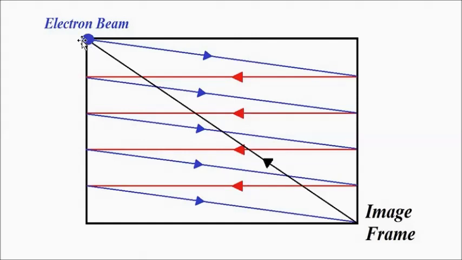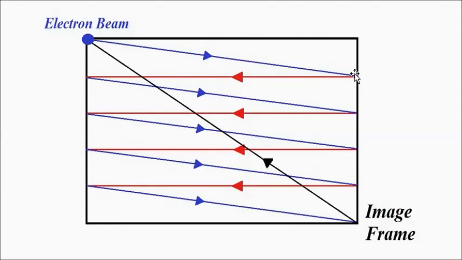Then it moves gradually with a slight oblique slant, from left to right, not perfectly straight but a little bit slantingly, and completes one line.